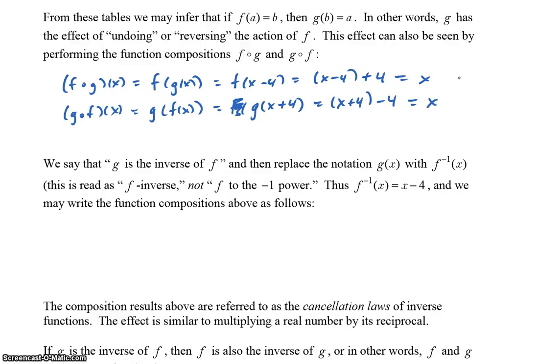Now, the notation is connected to the notation we do use for inverse, as I'll explain in just a moment, so that you can see why we use this notation. So instead of saying g of x equals x minus 4, we can say f inverse of x equals x minus 4 if f of x equals x plus 4.